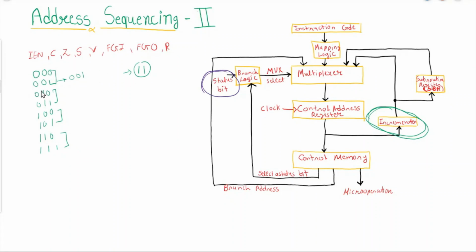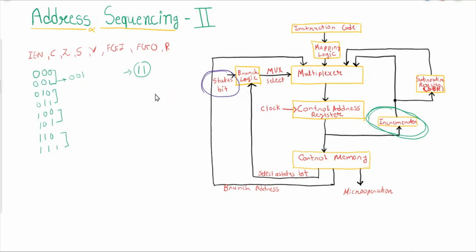We will use various bit combinations to check the individual flag, and using the value of the flag, whether it is 0 or 1, based on the condition, we will transfer the branch address from the microinstruction through the multiplexer to the control address register, and then we will retrieve the new instruction.